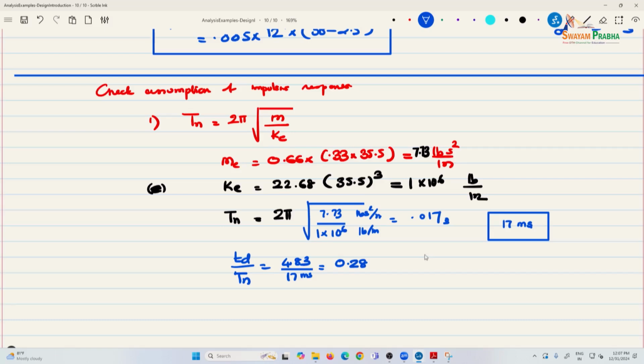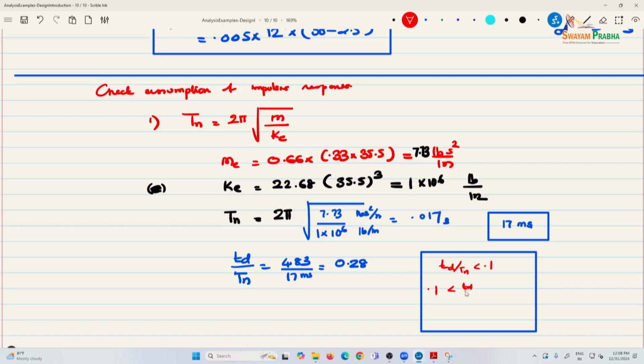Typically there are 3 regimes: Td by Tn less than 0.1, then 0.1 less than Td by Tn less than 1, and then Td by Tn greater than 1. This was quasi static and this is impulsive.